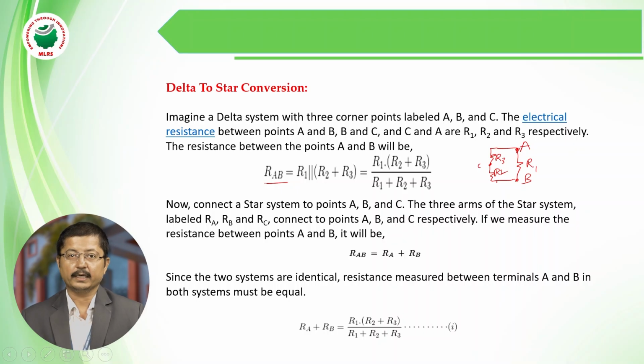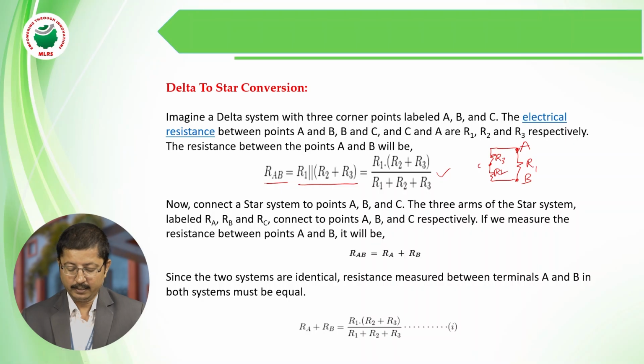Therefore RAB is equal to R1 in parallel with R2 plus R3. So this is the expression we are getting between the 2 points A and B.